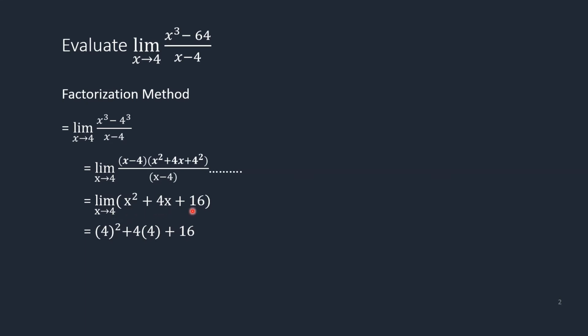Since this is a simple polynomial which is defined at x equals 4, we can use the substitution method to solve this limit. So in place of x everywhere, we will put x equals 4. So the limit becomes 4 squared plus 4 into 4 plus 16, which is 16 plus 16 plus 16, which is 48.